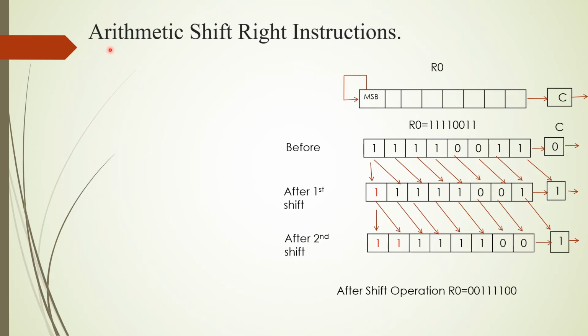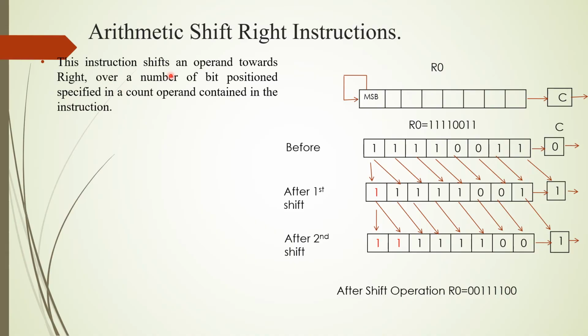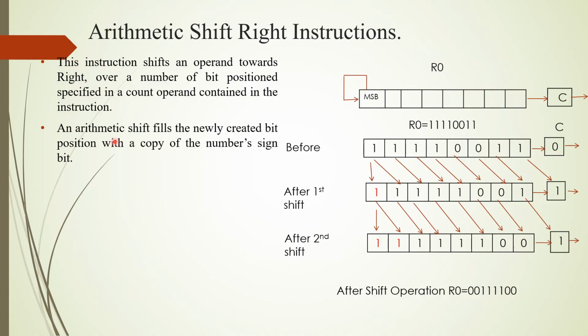The next instruction is the arithmetic shift right instruction. This instruction shifts an operand towards right over a number of bit positions specified in a count operand contained in the instruction. An arithmetic shift fills newly created bit positions with a copy of the number's sign bit.